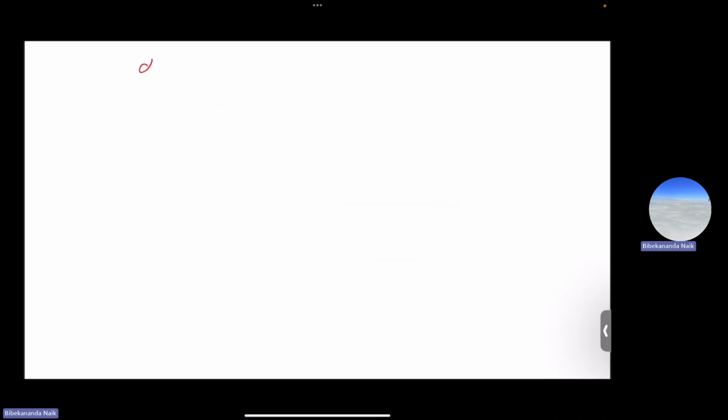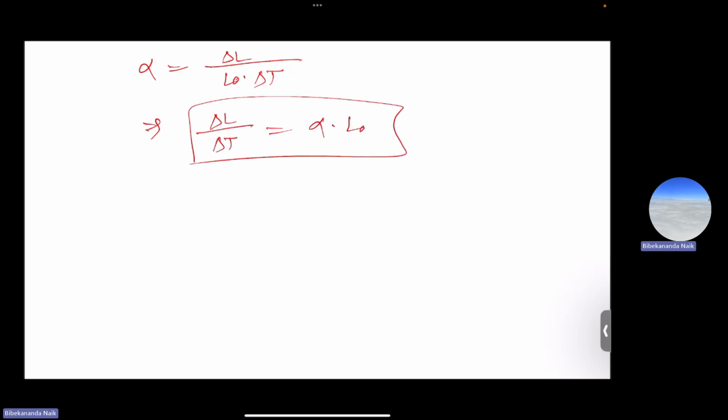So we know alpha is delta L divided by L0 into delta T, that implies delta L divided by delta T will be alpha into L0.